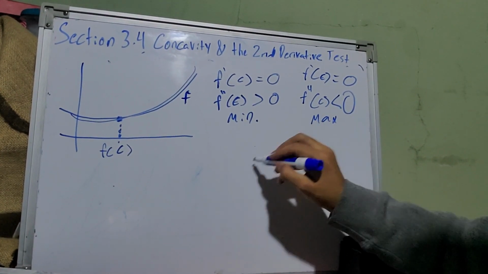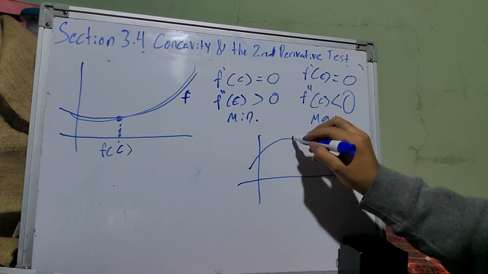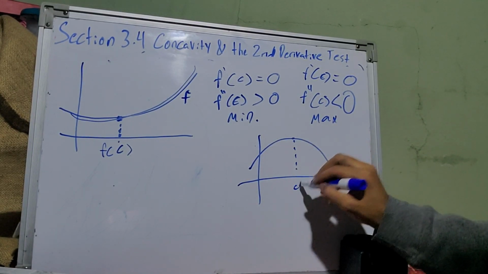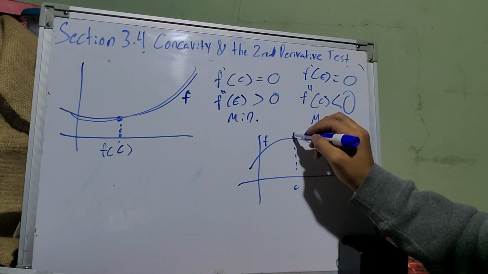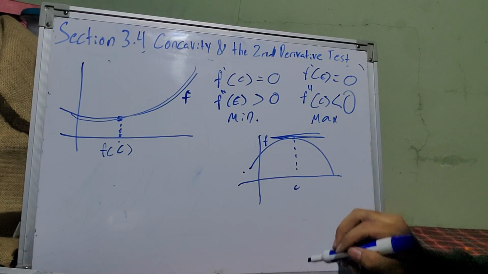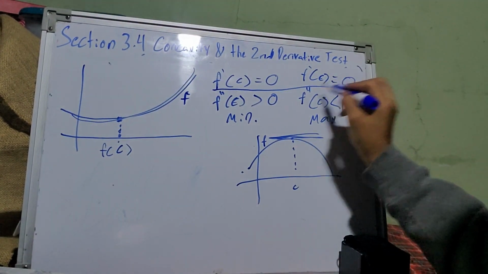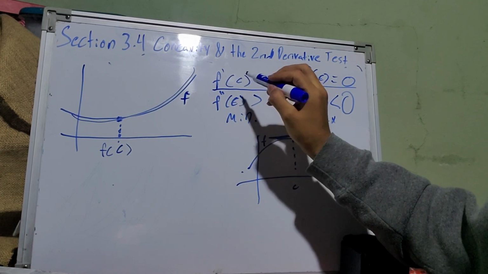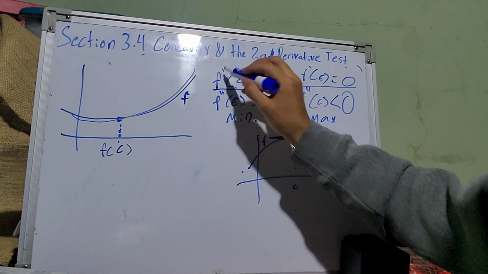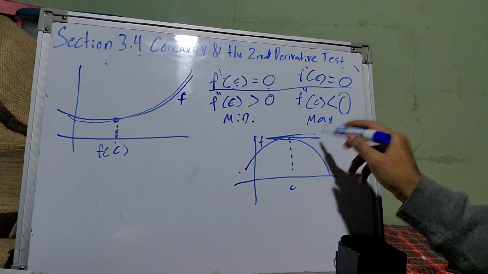This is shown, this would be the relative maximum of the given interval. So the first derivative of f of C must be equal to 0 for this test to succeed.